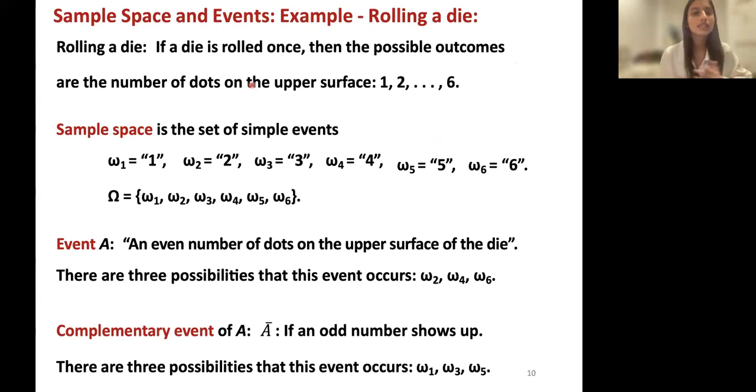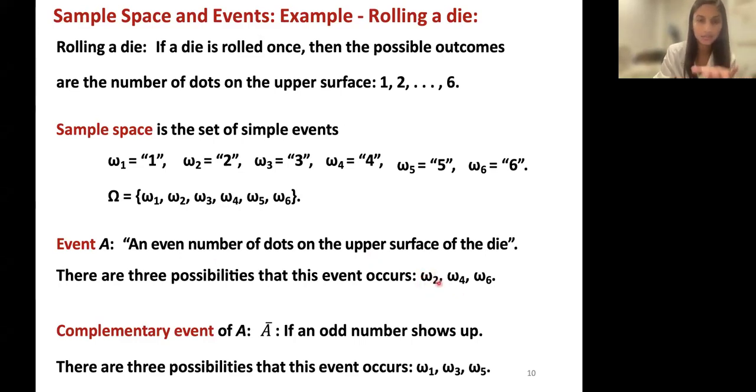Let's look at this with examples. If a die is rolled once, the die has 6 faces, so the possible outcomes can be the number of dots, 1 to 6. So it can be 1, 2, 3, 4, 5, or 6. Let's consider an event A where there is an even number of dots on the upper surface of the die.